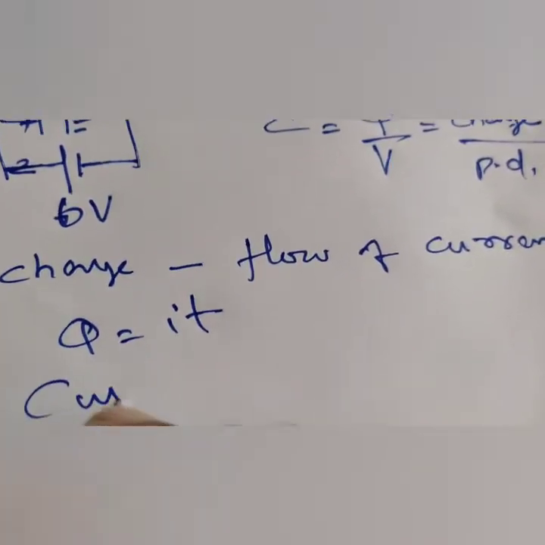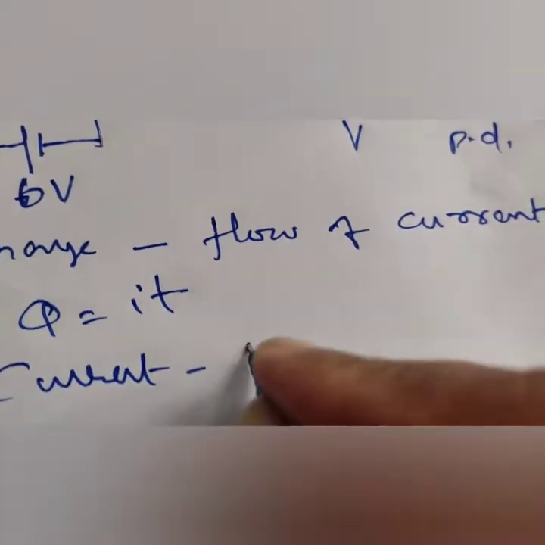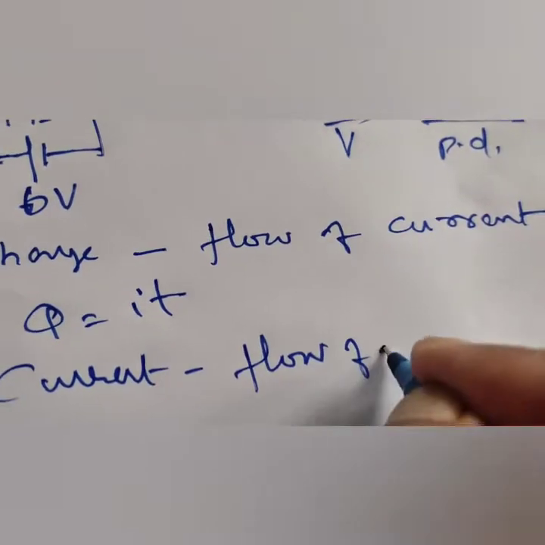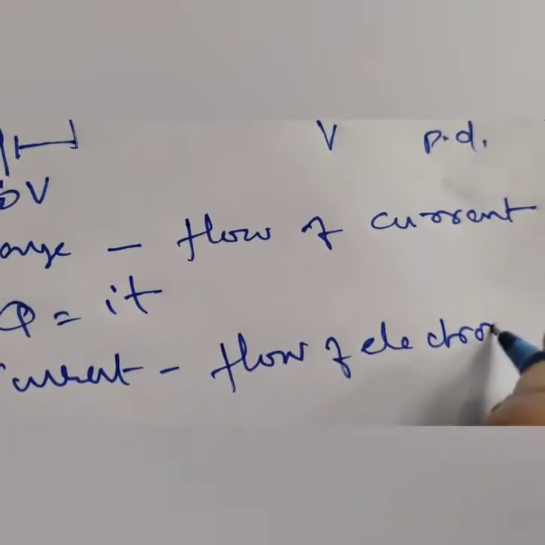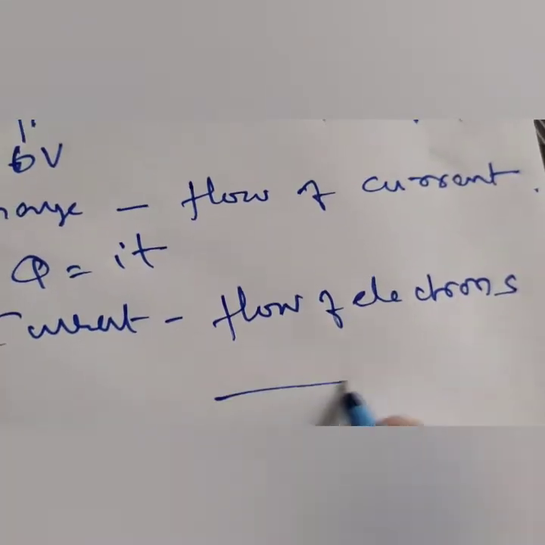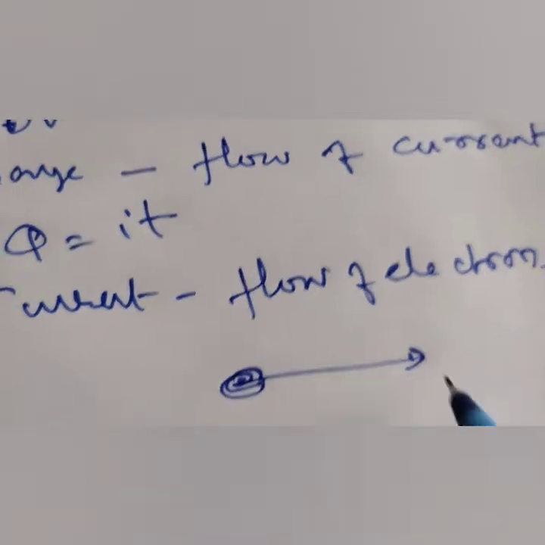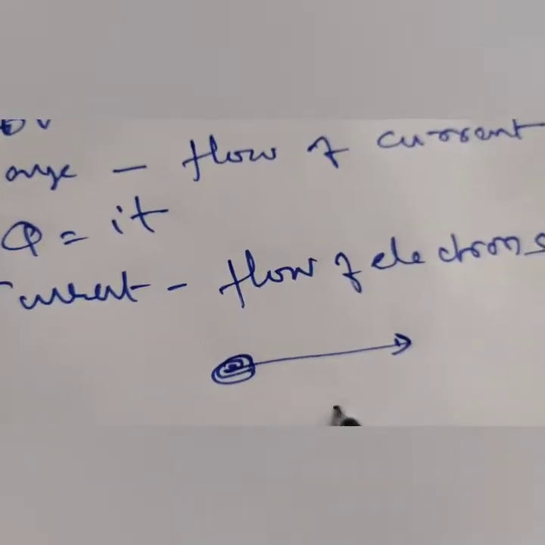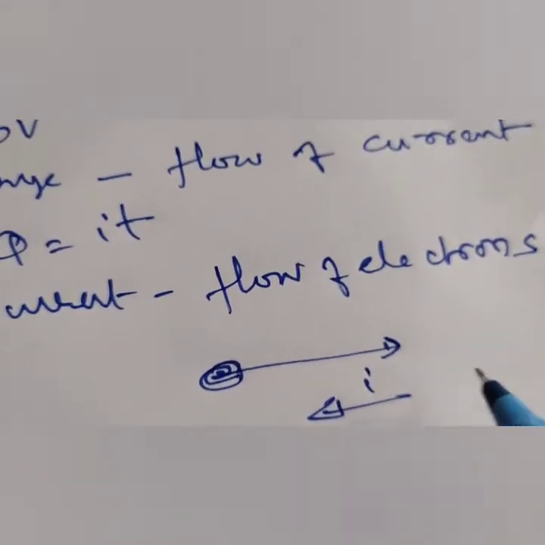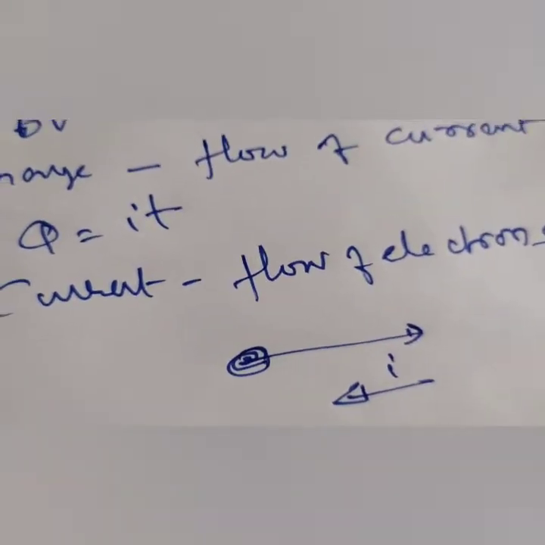Current in time is the flow of electrons. Electrons travel in this direction, and current is in the opposite direction.